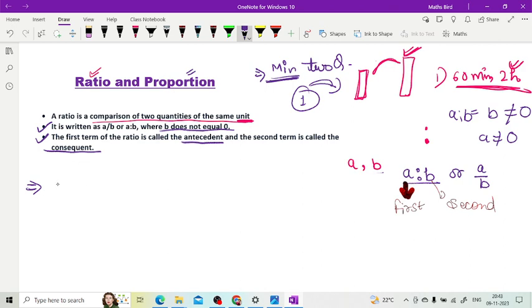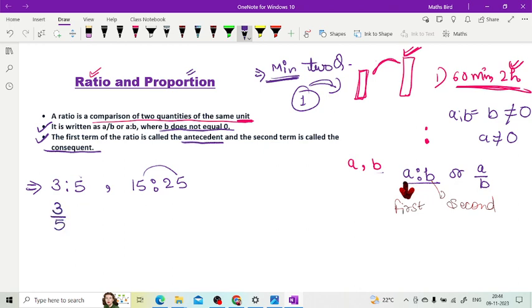Firstly, suppose two ratios are given, that is 3:5, and the second ratio is 15:25. Now we will see, if both ratios are equivalent, then we can say these are in proportion. How can we find out?